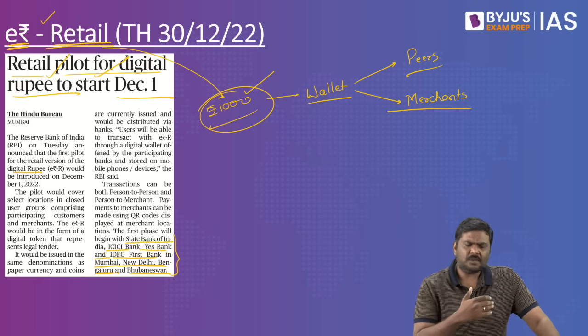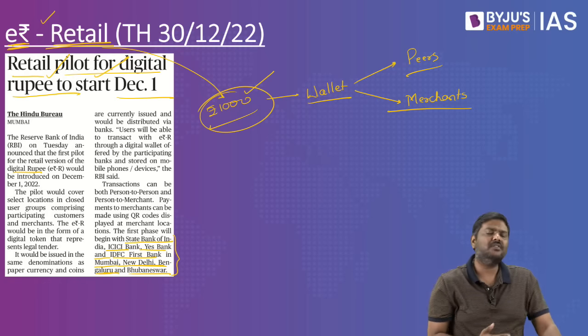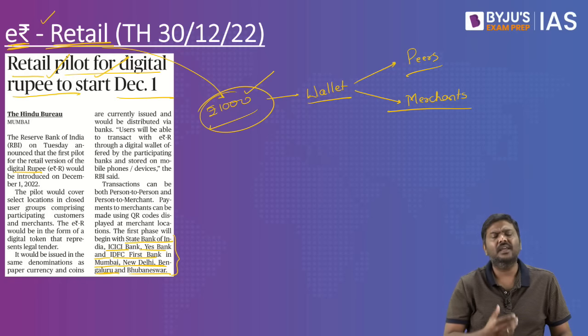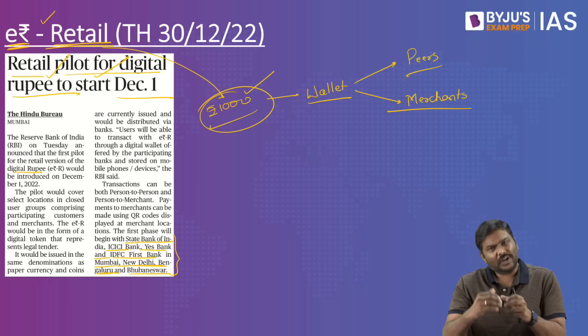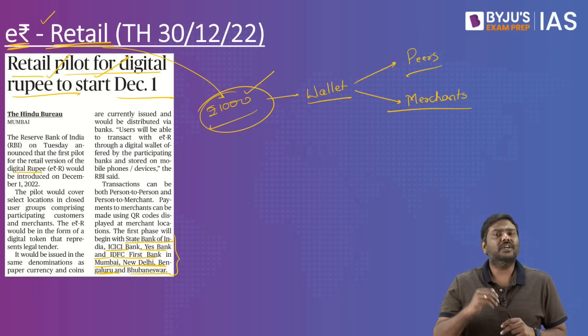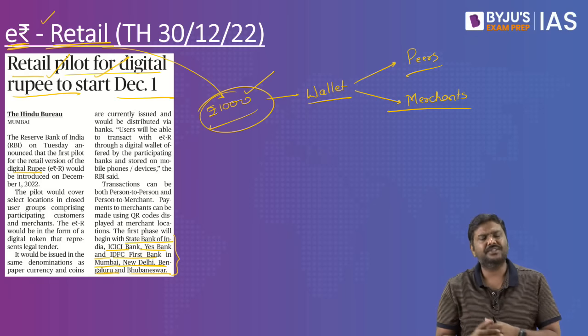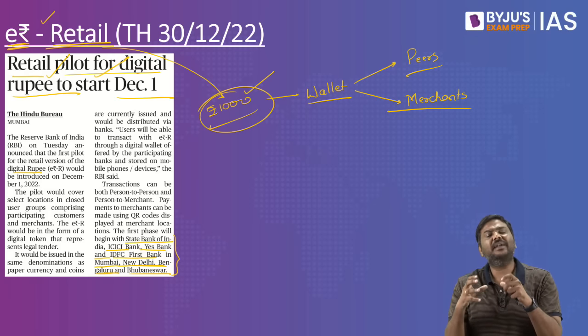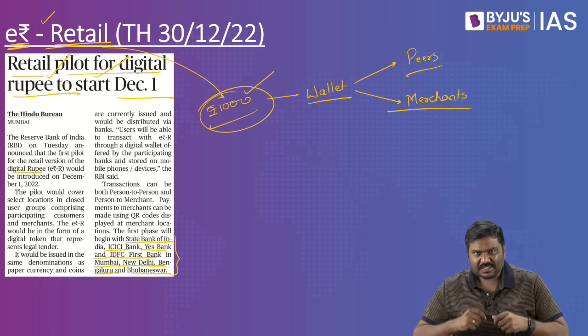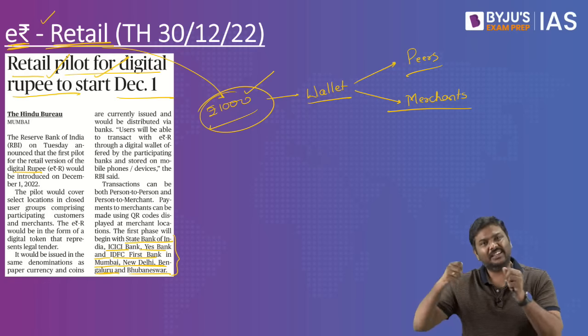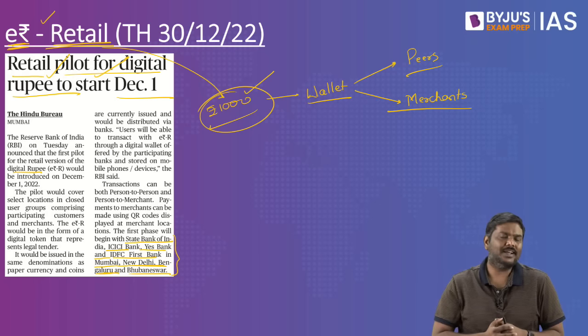Another objective why RBI says we want to promote the retail version, or let's say the wholesale version of the digital currency, is very simply in order to reduce the cost of printing of the currency coins or currency notes and minting cost of currency coins. Annually, a lot of expenditure is incurred in basically printing or minting and the distribution of all these currencies.